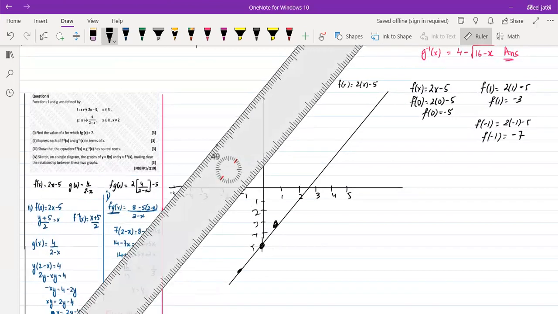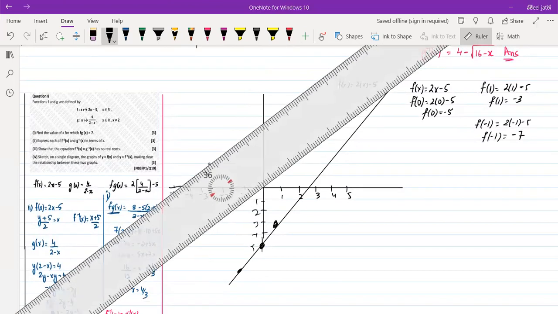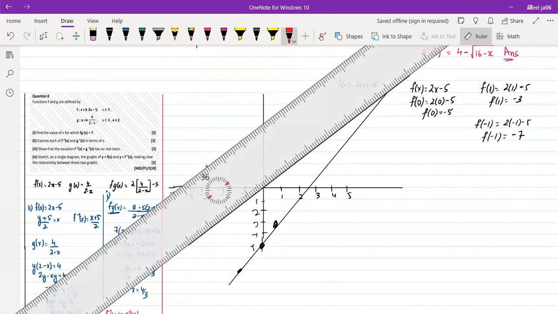Your y is equal to x line will go from 0, 0 moving onwards. The line y is equal to x always goes through 0, 0, 1, 1, 2, 2, 3, 3.